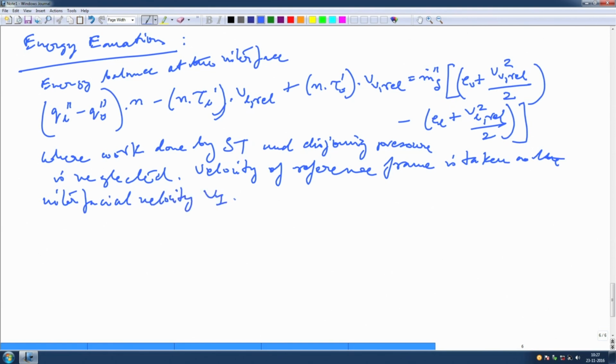Okay. So, now this can be further written in this particular form, KV. So, this is basically we are using the Fourier's law of heat conduction to replace the Q, the two flux terms.